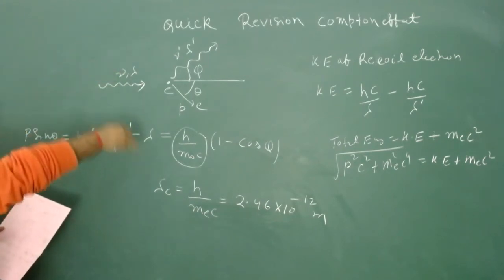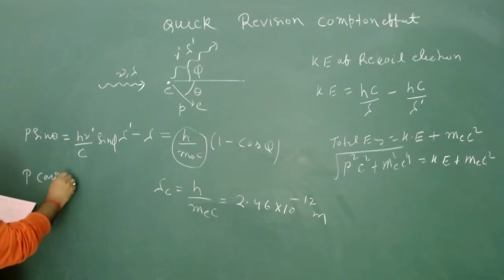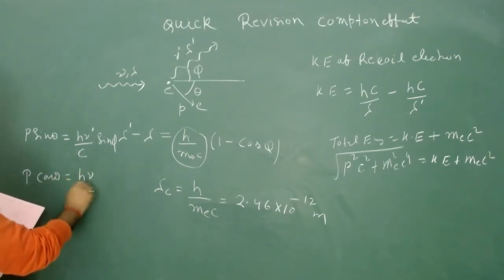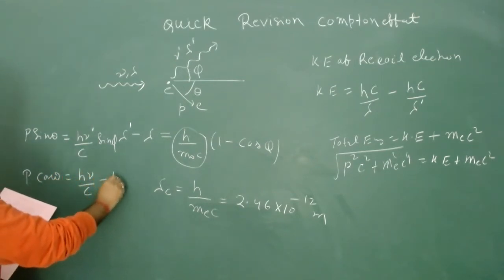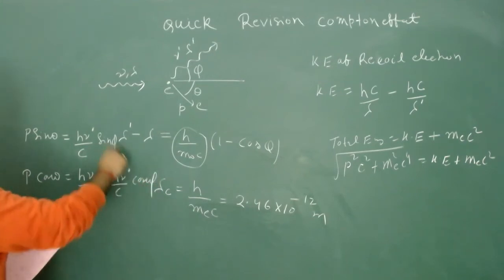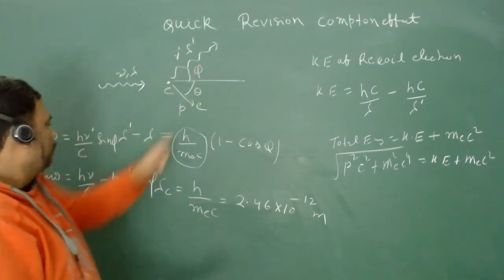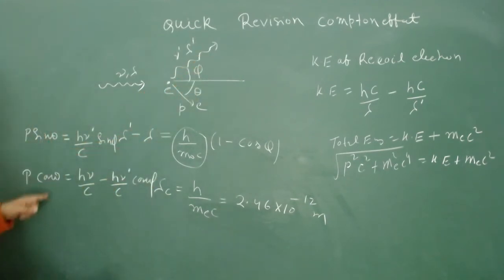This is for the y-axis conservation of momentum, and for the x-axis, p cos theta is equal to h nu upon c minus h nu dash upon c cos phi. This phi is the angle of scattering, and theta is the angle of recoil.